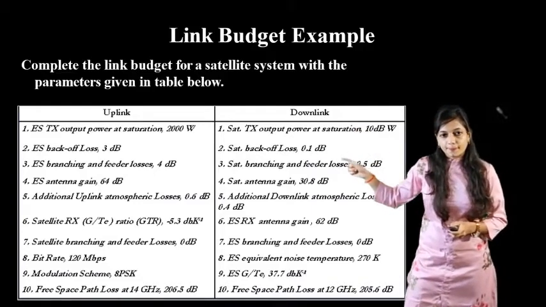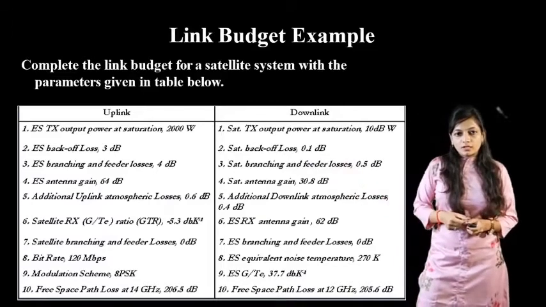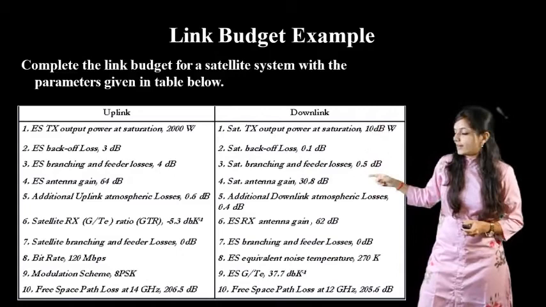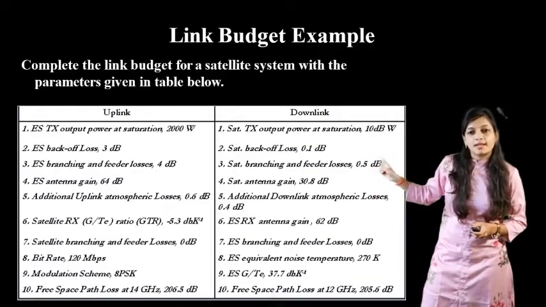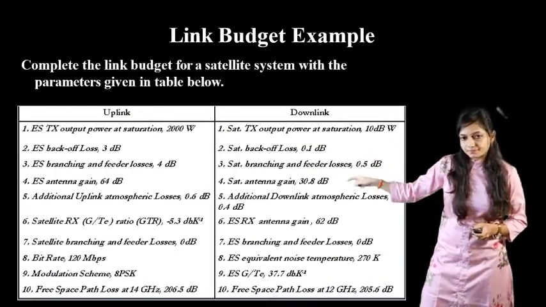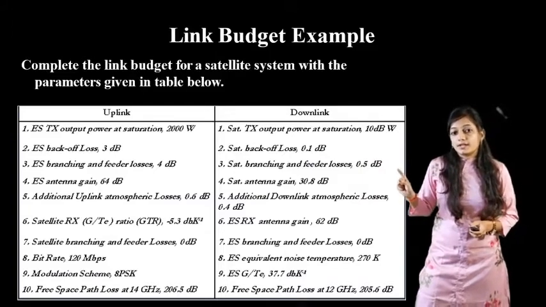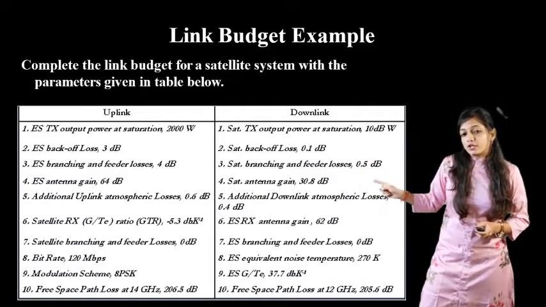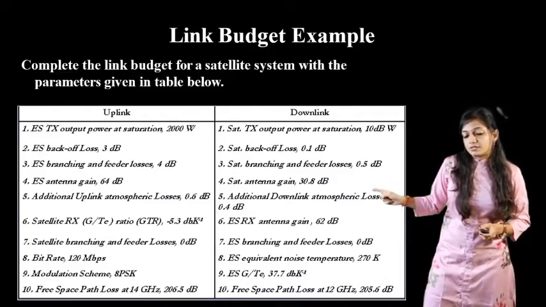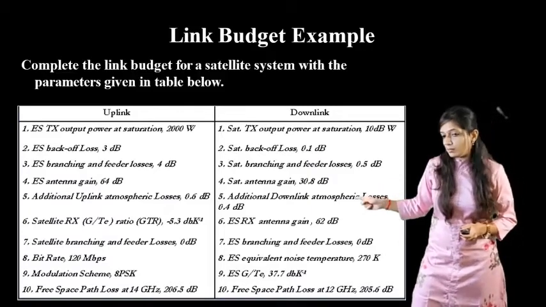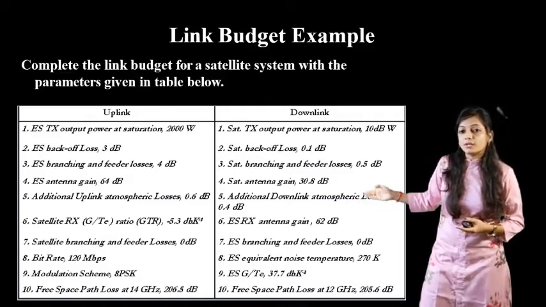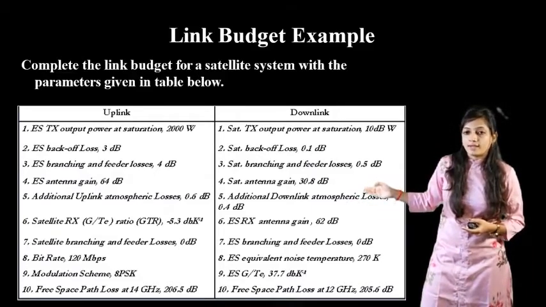Third, feeder loss, 4 dB for uplink and 0.5 dB for downlink, which is less compared to the uplink. Earth station antenna gain, you can compare easily. The gain of my transmitting earth station antenna is 64 dB, which is higher, or I can say double, the gain of my receiving antenna. Why?